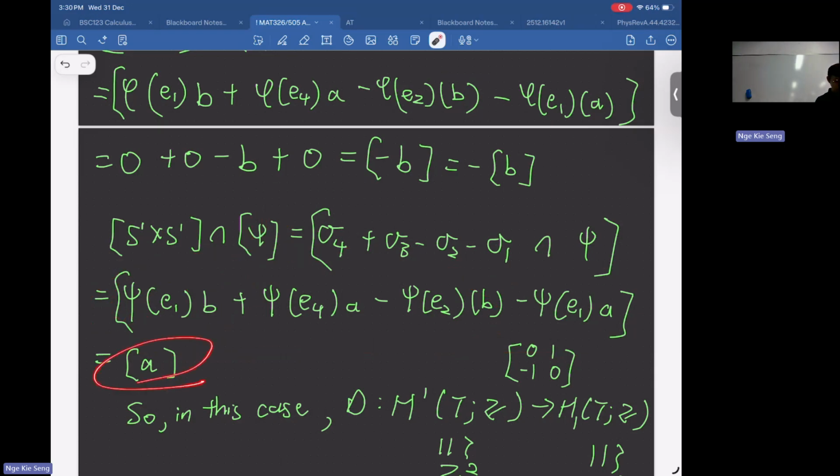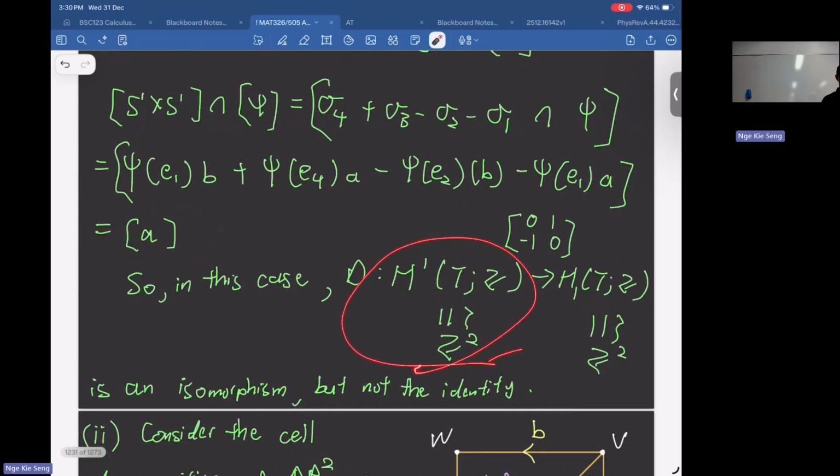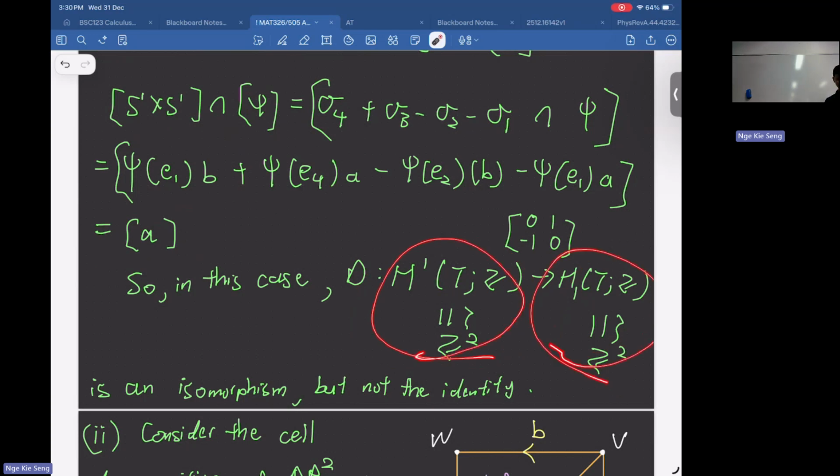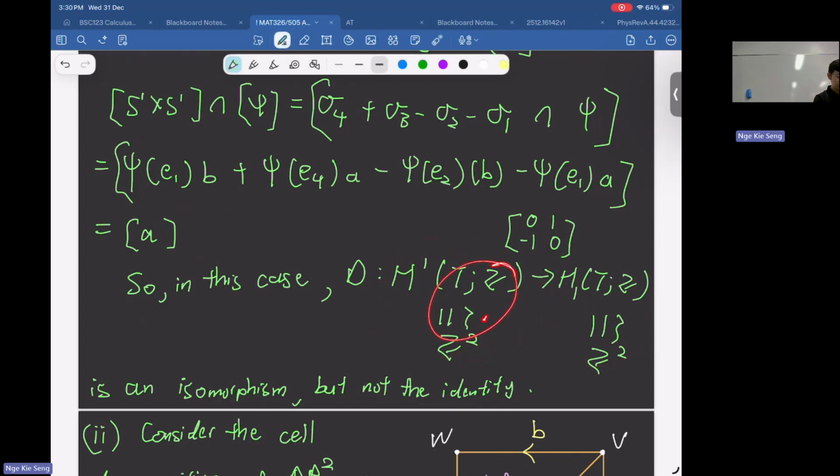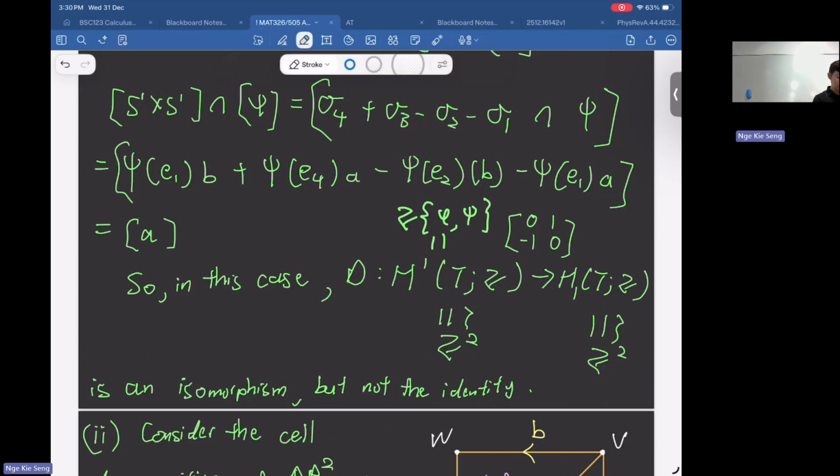So you get A. So if you write down what is H1, the first homology, then write down the basis. So maybe this part is phi and psi, right? And then this part is A, B. Okay, so what happened just now?